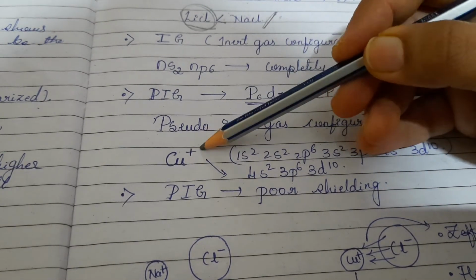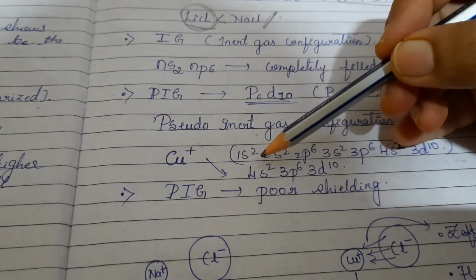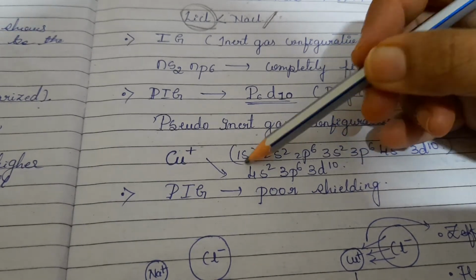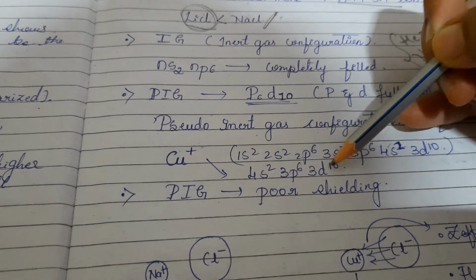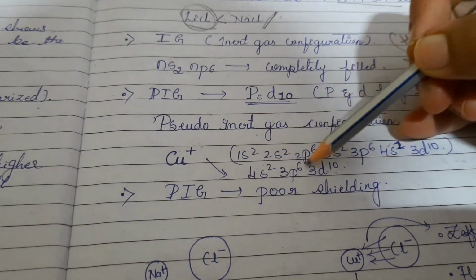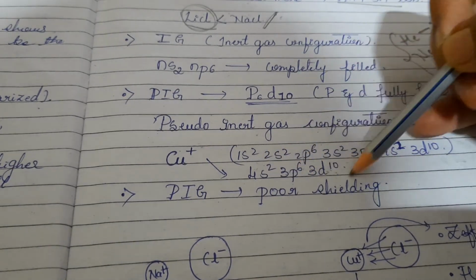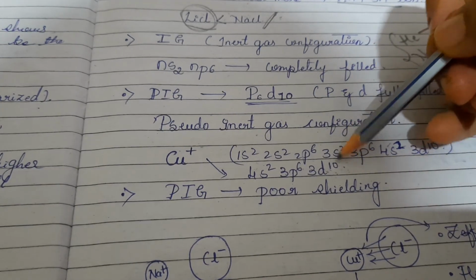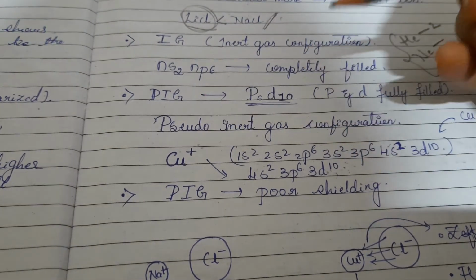Say for example, if you consider Cu+, in this case you will be having the configuration as 4s2, 3p6 and 3d10. When this is the case, here we can see d10 is coming, in the sense its octet is complete. 4s2 shows 8 electrons together if you consider, then d is completely filled. It is somehow similar, so we can consider here Cu+ octet is complete.